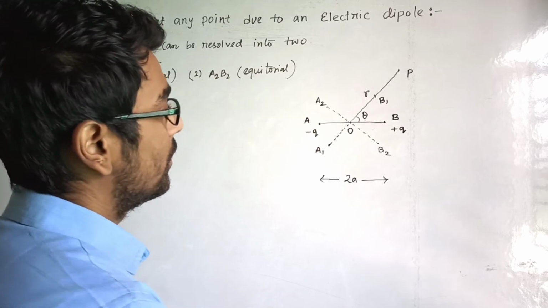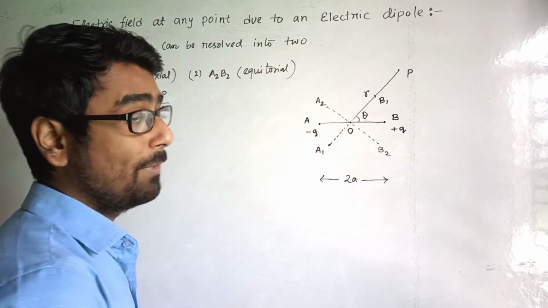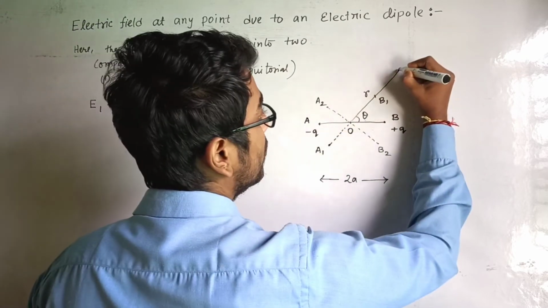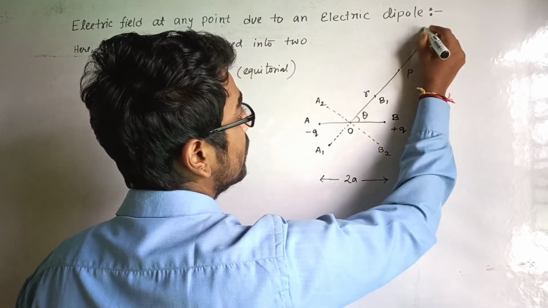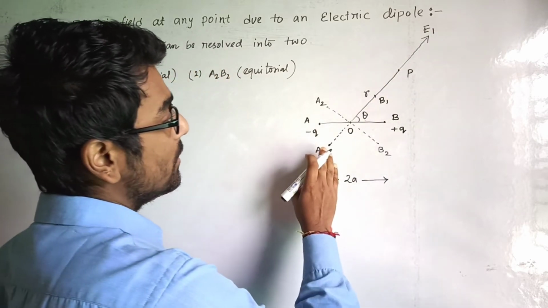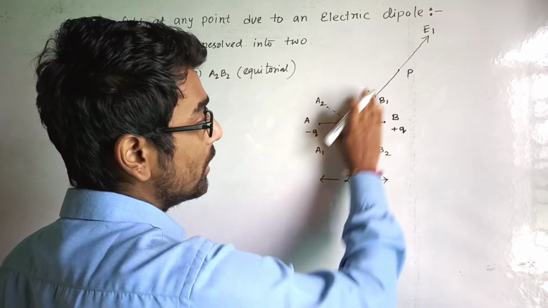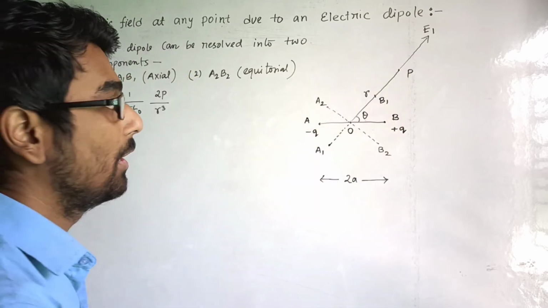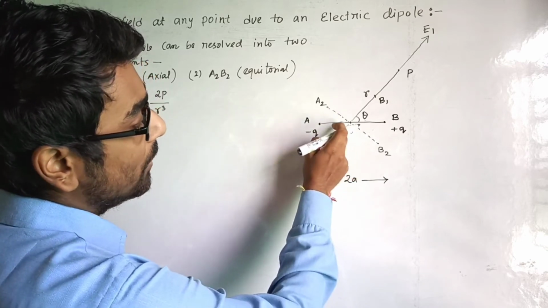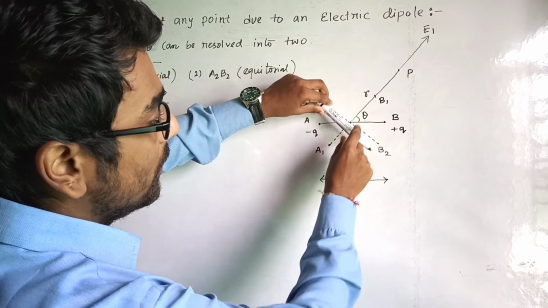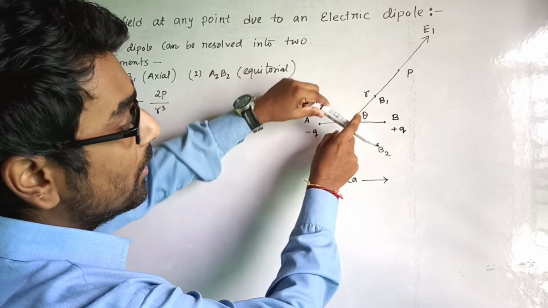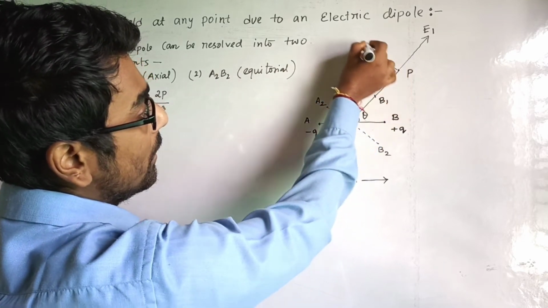Now the question is the direction of electric field. In case of the axial line it will be like this, say E1. It will be directed along the direction of the dipole, and in case of the equatorial point, the direction of electric field is opposite to the direction of the dipole.